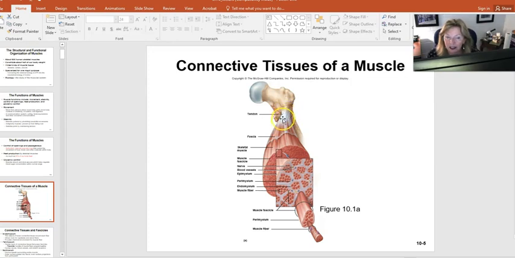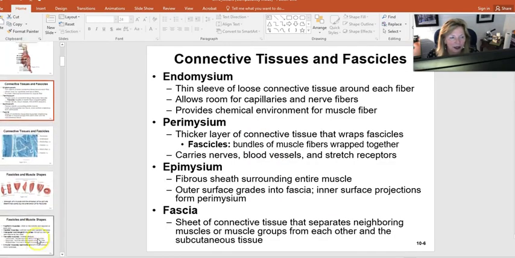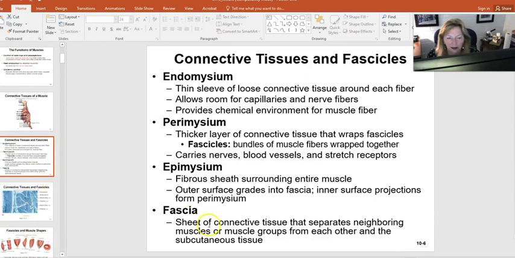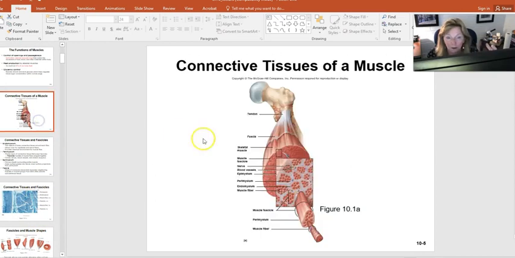If we look at this connective tissue, we're going to see some other tissue types that are related to healthy muscle. Fascia is this connective tissue, and we'll see it here on a slide in a second. Here it is. So it's connective tissue that is really encompassing the muscle fiber.